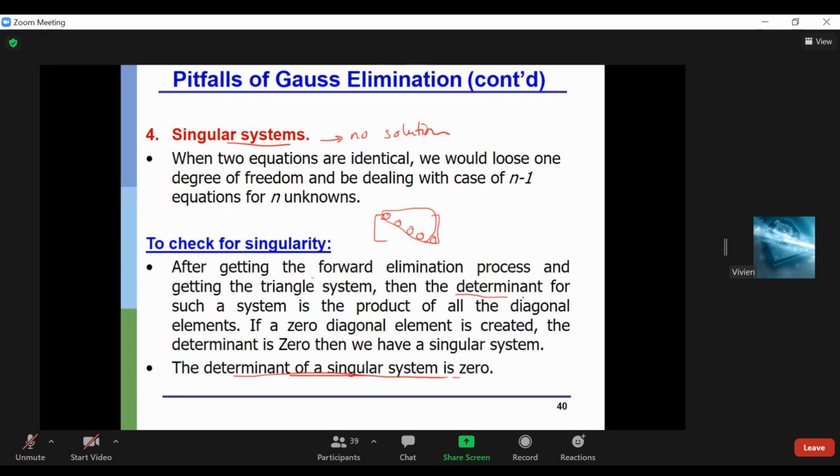So if the determinant is 0, it means that one of the elements is 0. If we have constructed the upper triangular matrix and one of the pivot elements, one of the diagonal elements, is 0, it means that the matrix is singular, or there will be no solution.